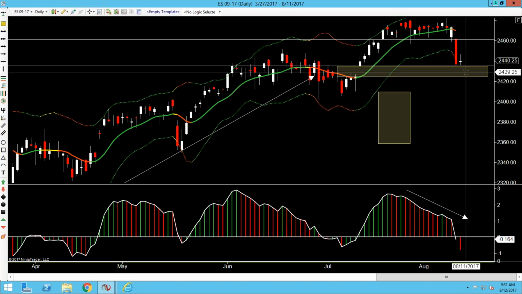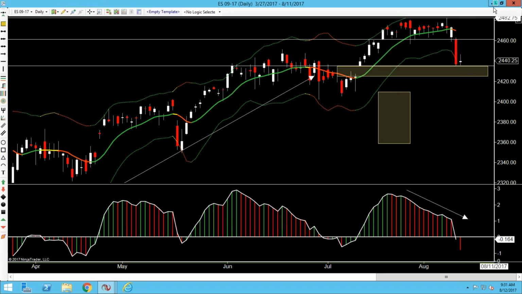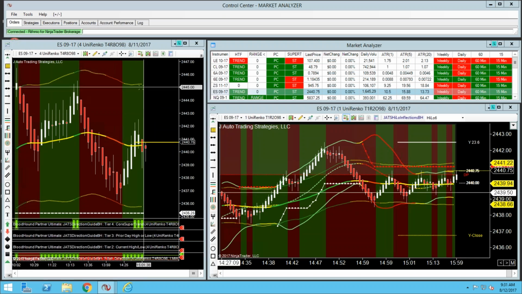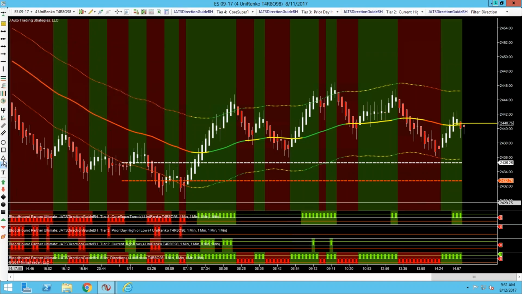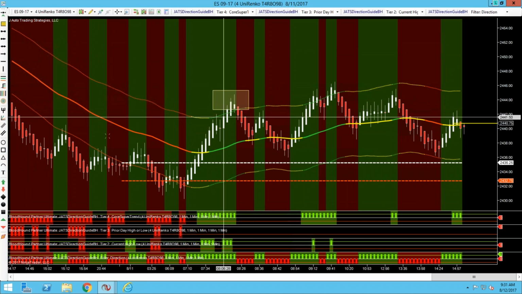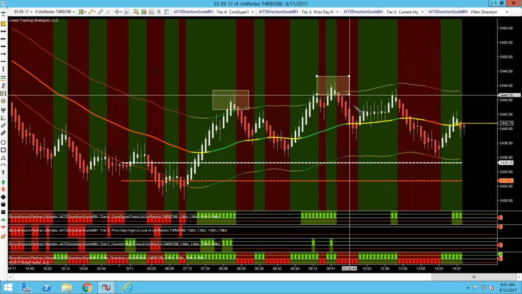Once we break that gap line and start moving in that direction, you might want to hit it pretty quick, just in case there is a run for the races there. But otherwise, in a flat market, there's not much you can do except know where those top bands are and make your trading decision at that time.